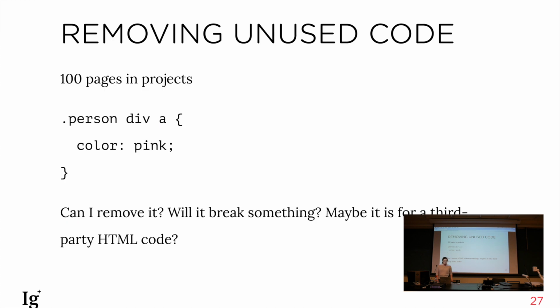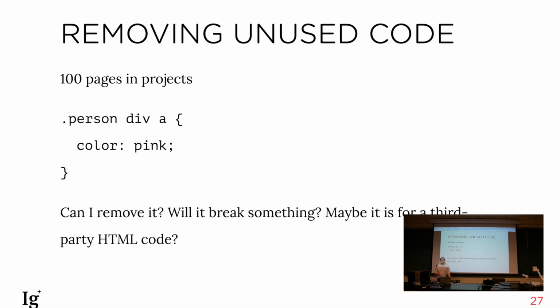And the last one is removing unused code. This, as I said, appears at the industry level because a project might have 100 pages, and nowadays pages are even dynamic, so there are thousands of scenarios of which dynamic elements appear on the web page. When you consider whether to remove CSS or not, you never know if this removal will affect anything on the website.